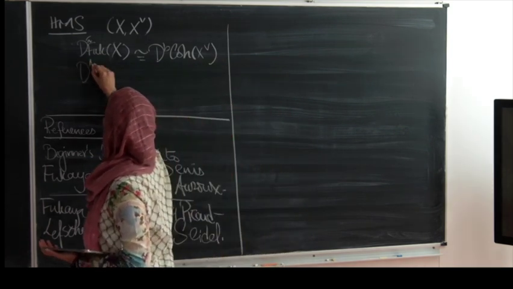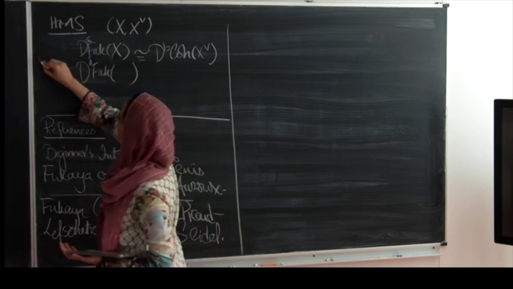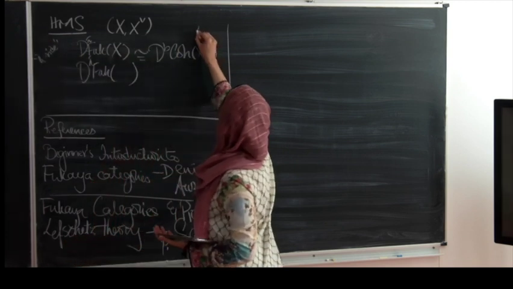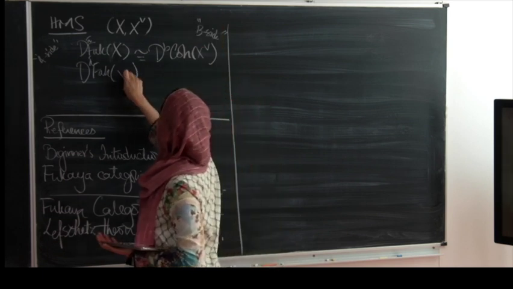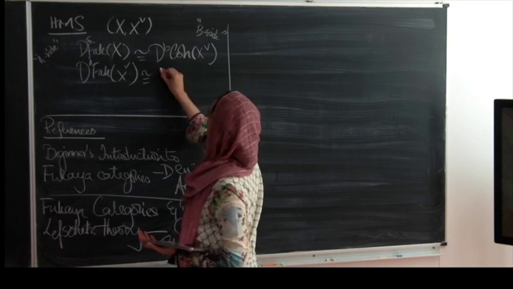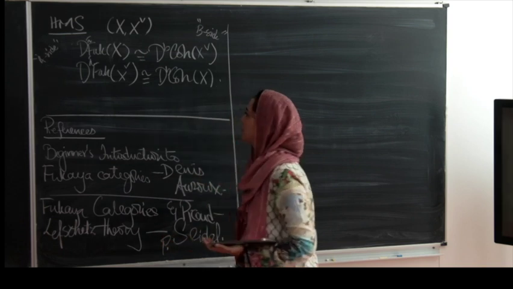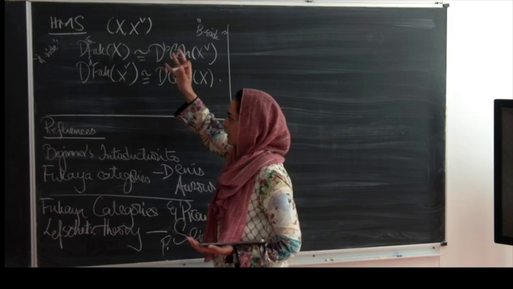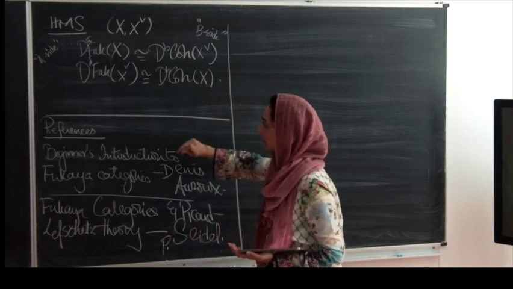That's what you call the A side, or the A model, and that's what you call the B side, the B model. So the A side on the dual is equivalent to the B model of the space X.